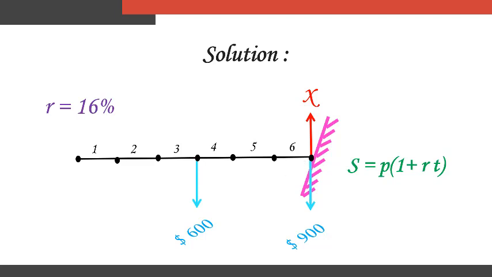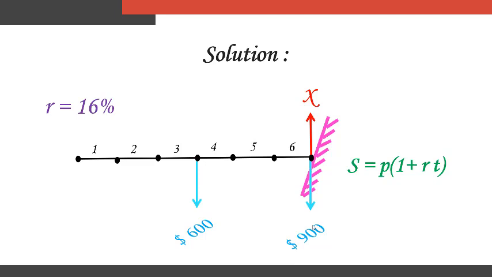And the time for $900 equals 0, because the distance between the maturity date of $900 and the focal date equals 0. Also, the time for X equals 0.